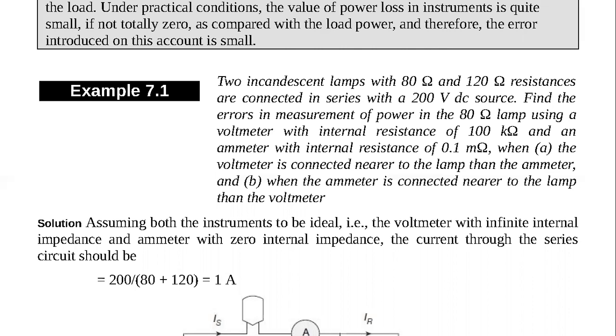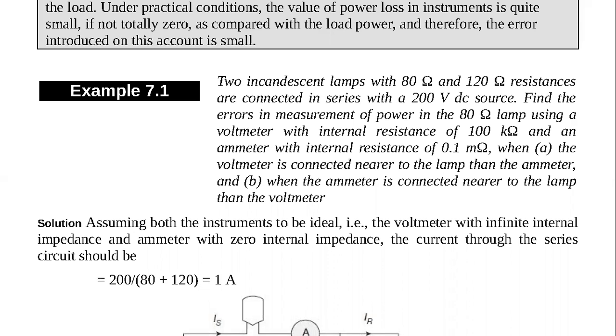I repeat, change the values of the lamps to 50 and the other one to 70, and attempt the question the way it is. The others remain the way they are, and you're going to work it out just the way we have done.